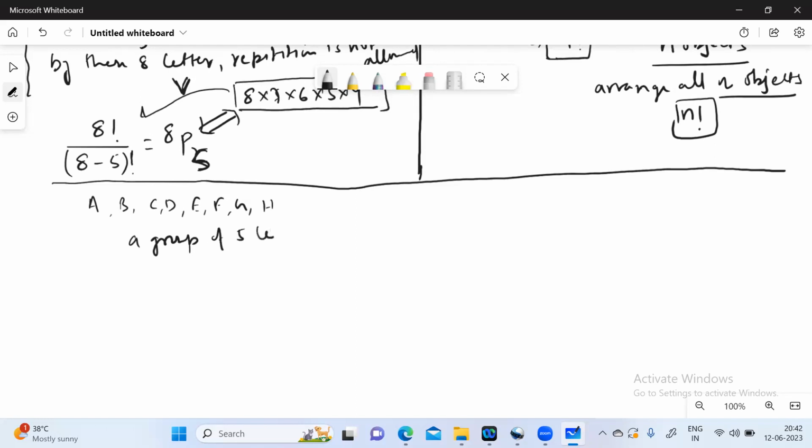Then how many groups are possible? Who will tell me that? Elasika, you tell. How many groups can you actually make or create from these 8 letters, where the number of elements in that group should be 5?